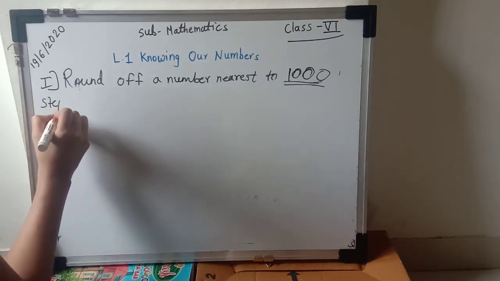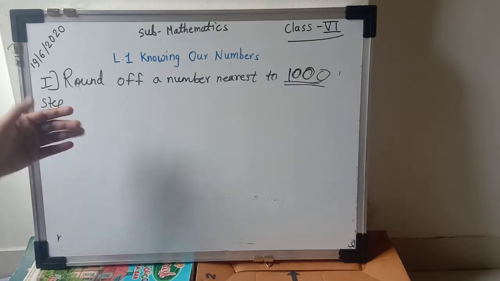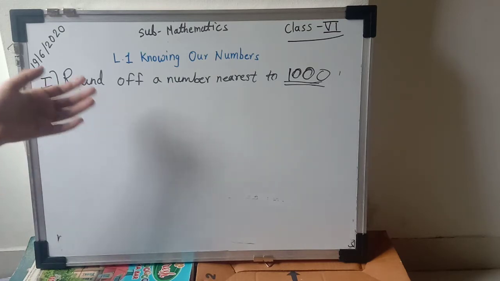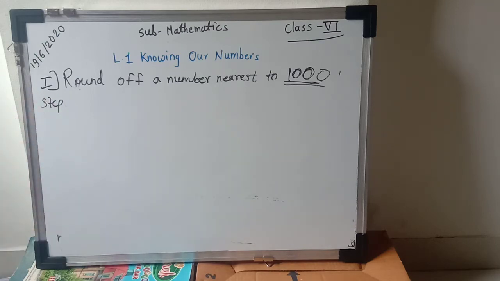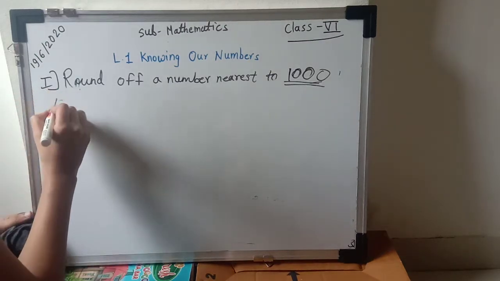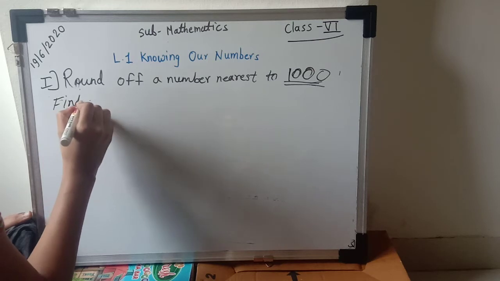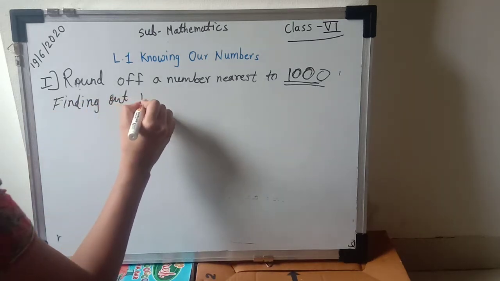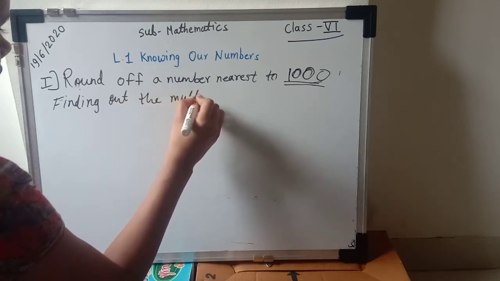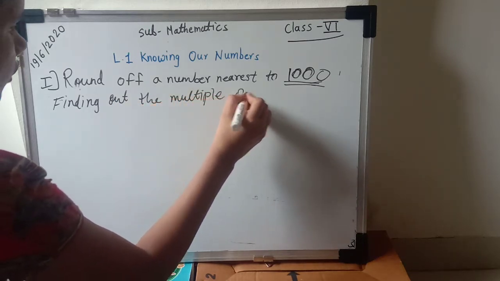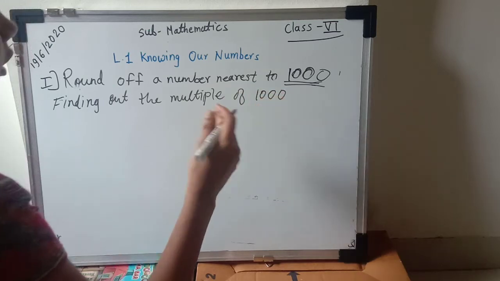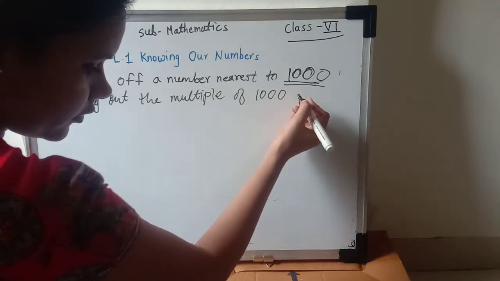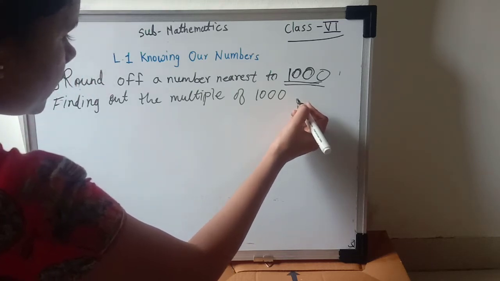Step 1. Here I am not writing the definition: rounding of a number nearest to 1000 means finding out the multiple of 1000. Finding out the multiple of 1000 means 2000, 3000, 4000, 6000, 7000, 8000, 9000.